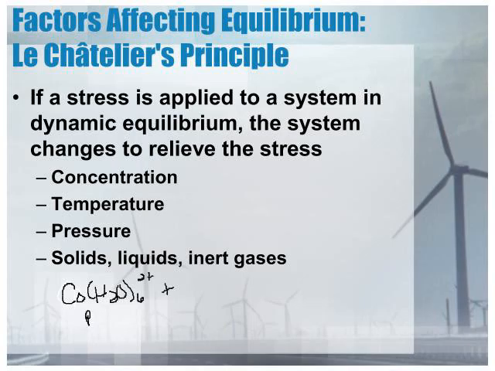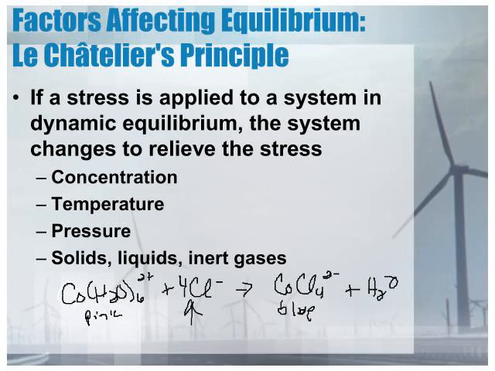The cobalt compound was the pink one, and chlorine, I think it was 4 of those, going to your cobalt chloride and water, and this was the blue. So when you added hydrochloric acid, you added chloride ions, and it became blue.